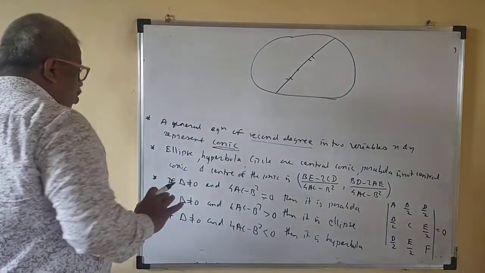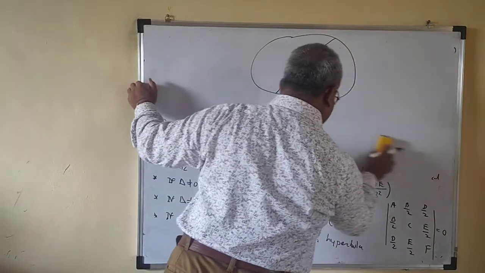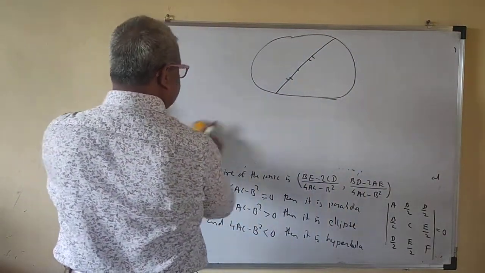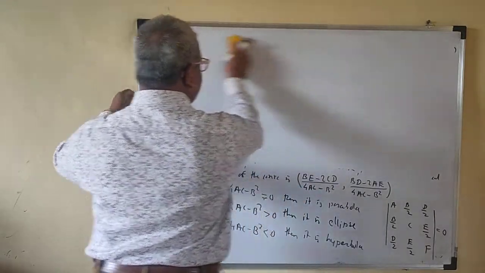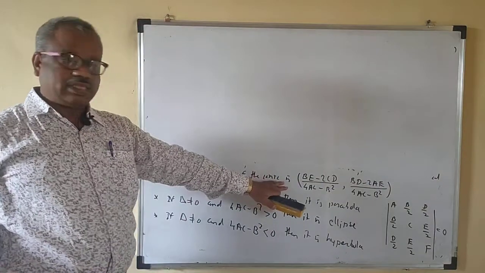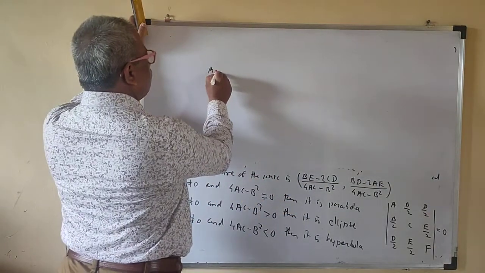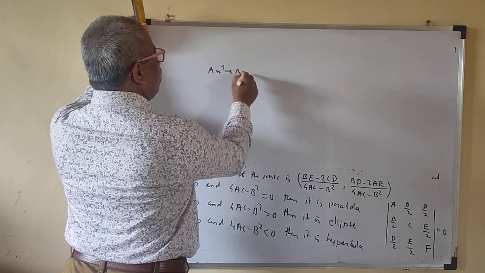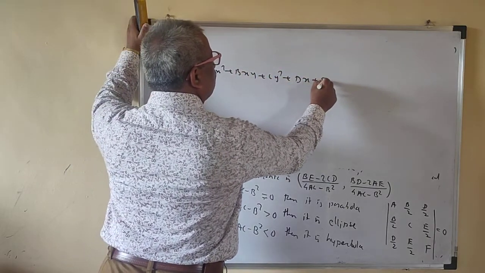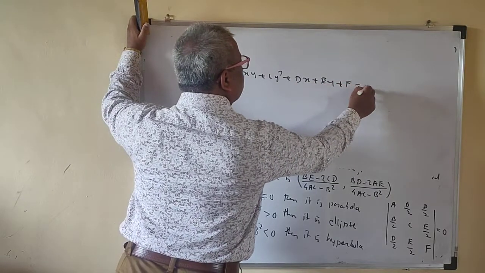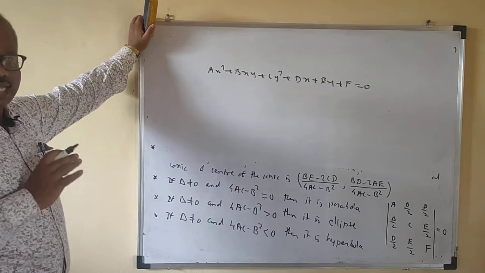So now how to find the coordinates of the center? Just remember this. If you have an objective problem, remember this to choose the correct option. Suppose this is ax square plus bxy plus cy square plus dx plus ey plus f is equal to 0, the equation of a central conic.